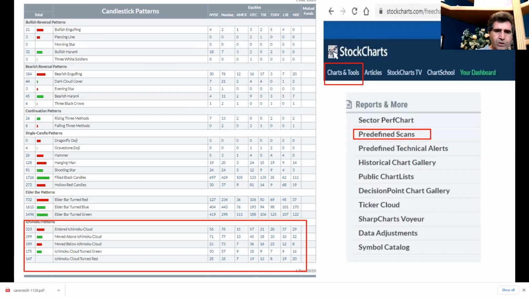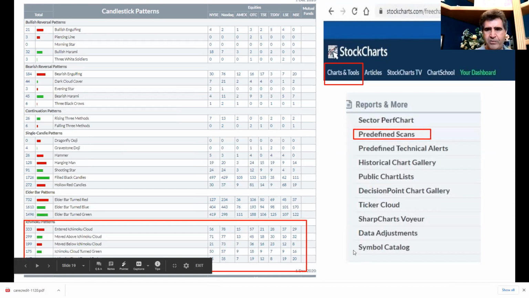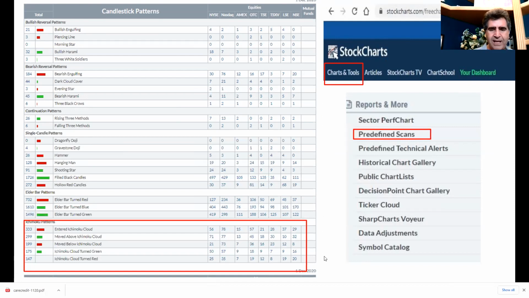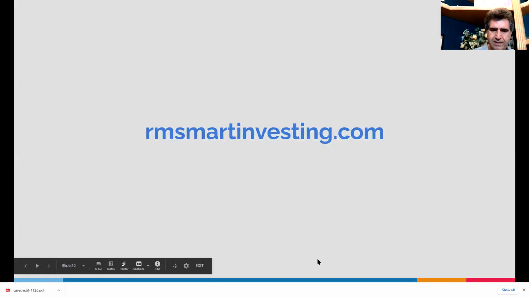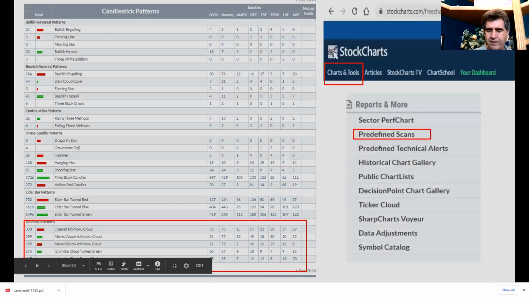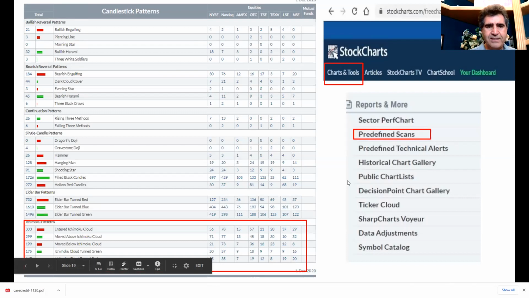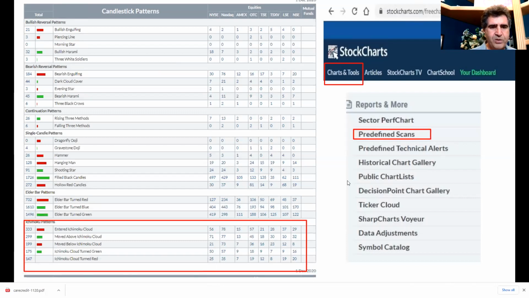If it turned red, do you look for going above the cloud? So in a nutshell, I thought that might be helpful, and hopefully that's something that will help you understand.